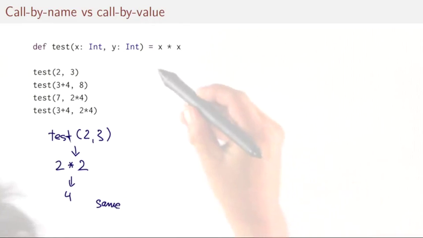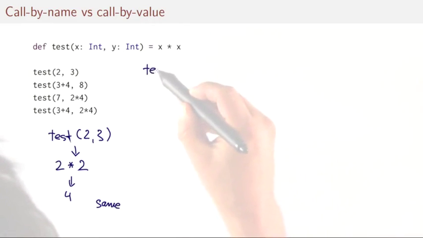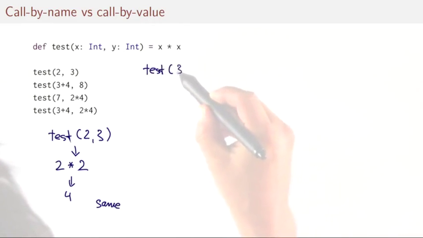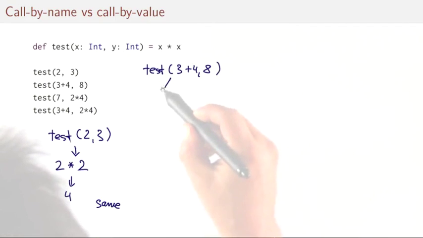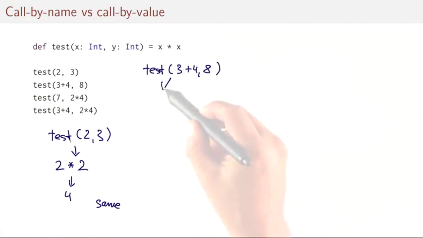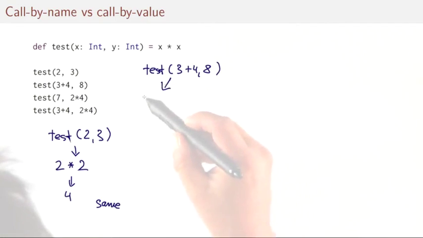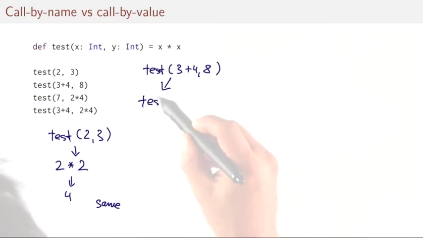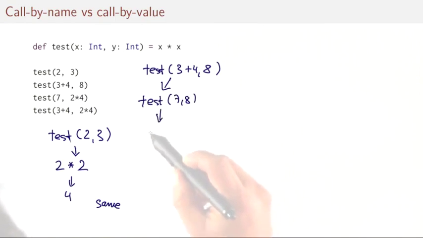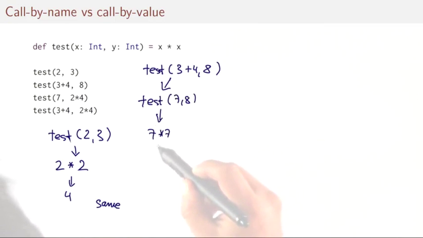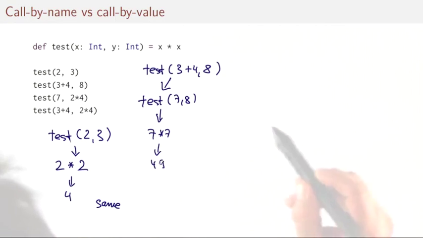Let's do the next one. test(3 + 4, 8). Under call by value, we have to evaluate the arguments. So we get test(7, 8). And that gives us 7 * 7 and the final result.